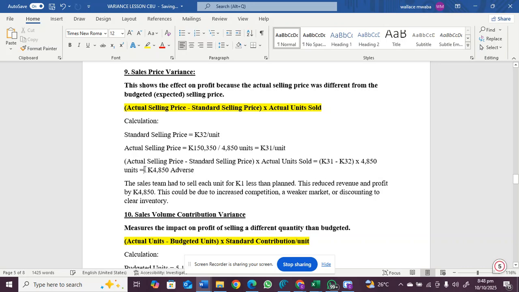You've made less money. That one kwacha difference has made you lose 4,850. So here it's actual minus standard. Once you hear that it's a sales variance, any variance to do with sales is now actual minus standard. Any questions?